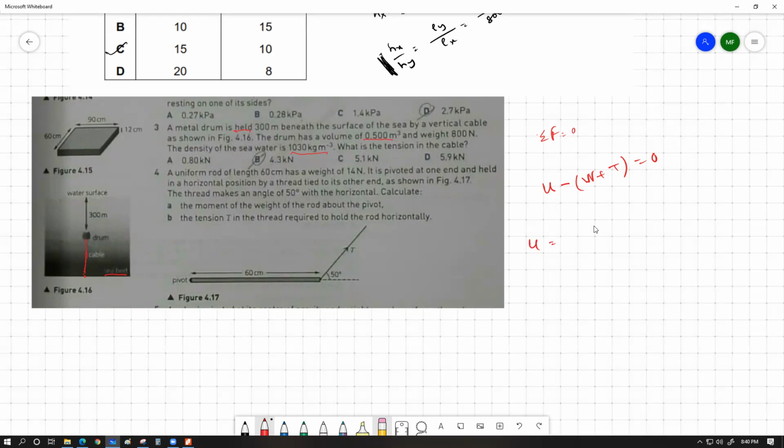Upthrust should be equal to the weight of the displaced seawater, that is rho g volume: the density of seawater times the volume of the object, the volume of the drum, multiplied by g.